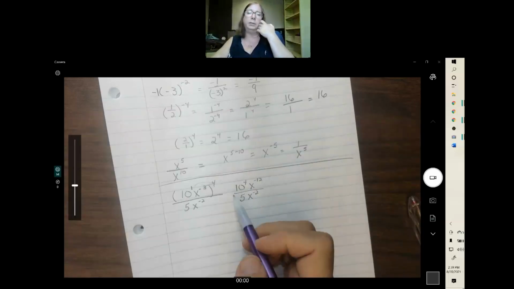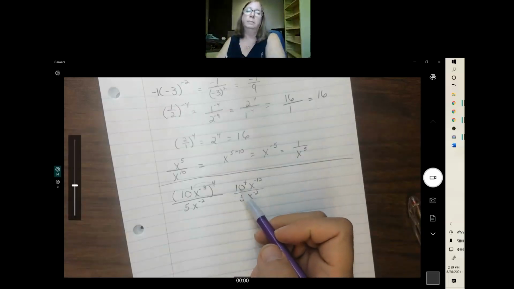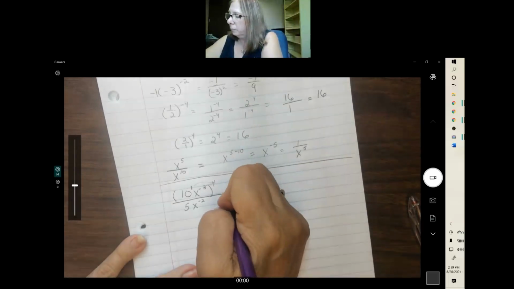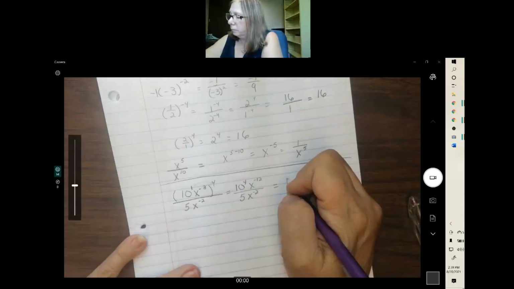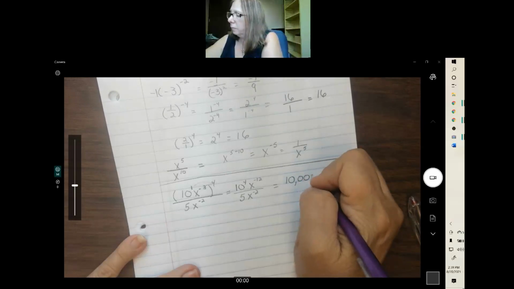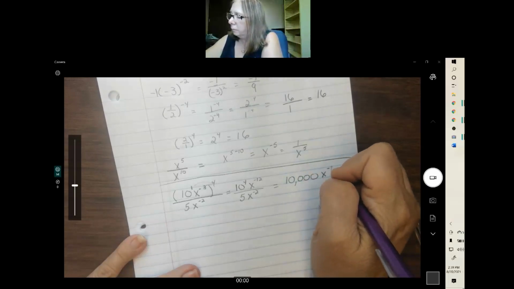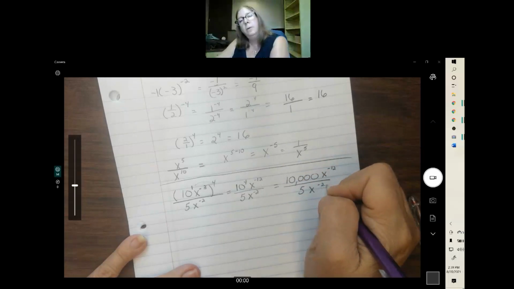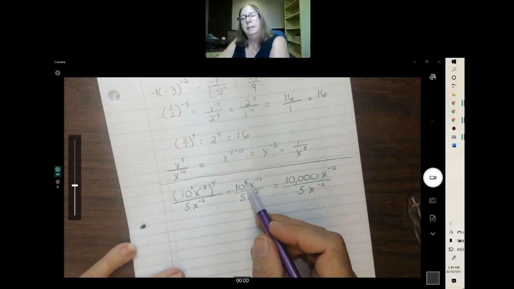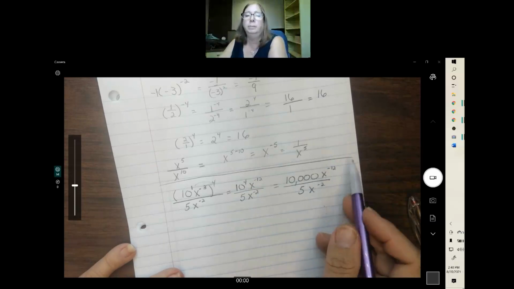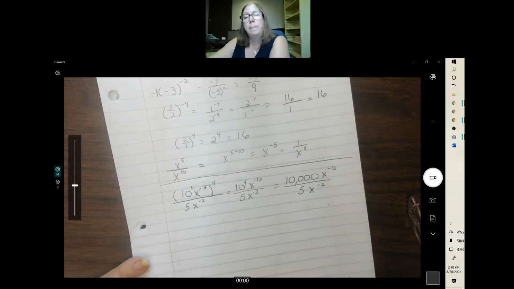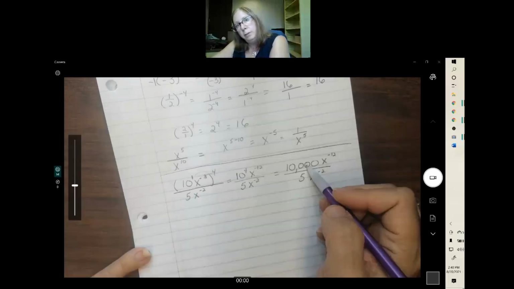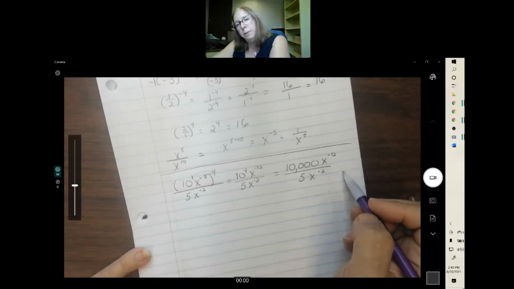Now, if you wanted, you could have just put the 10,000 here instead of 10 to the 4th. So 10 to the 4th is 10,000. Now I didn't change anything else yet. Now I can divide these two numbers. And notice these are all multiplication.